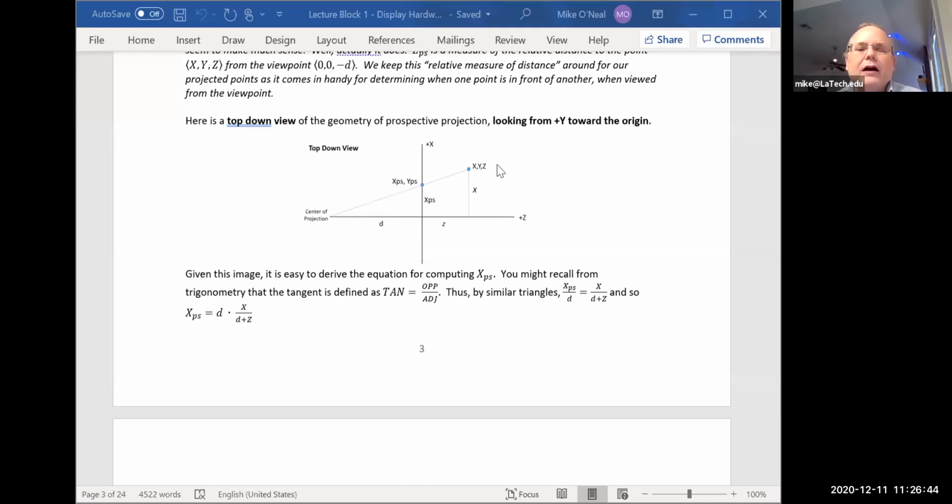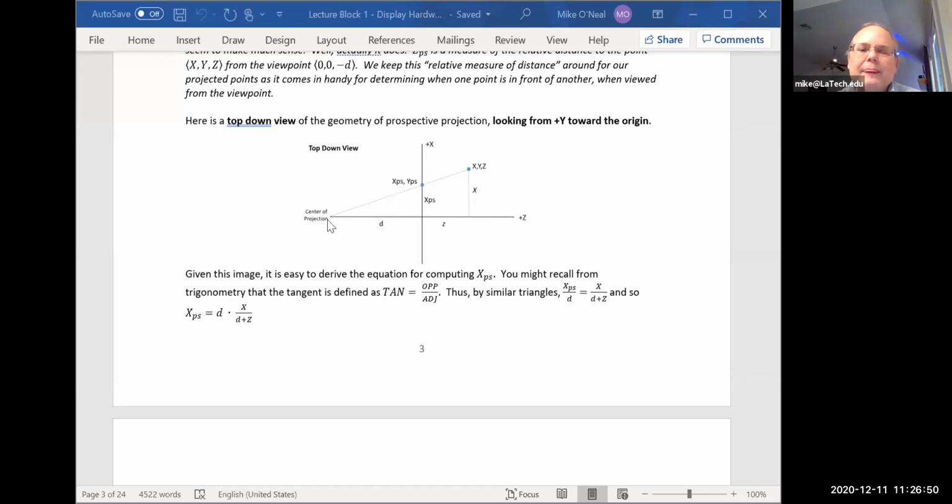Let me reconnect my audio. Sorry about that. So this is actually the XY plane.